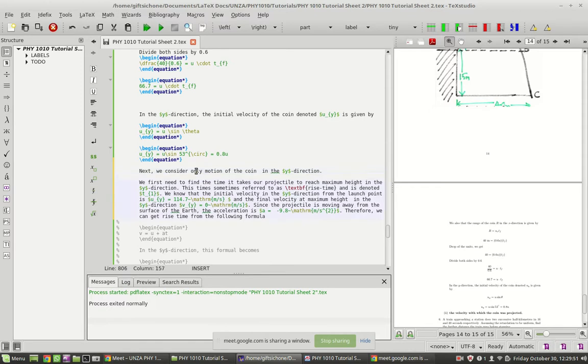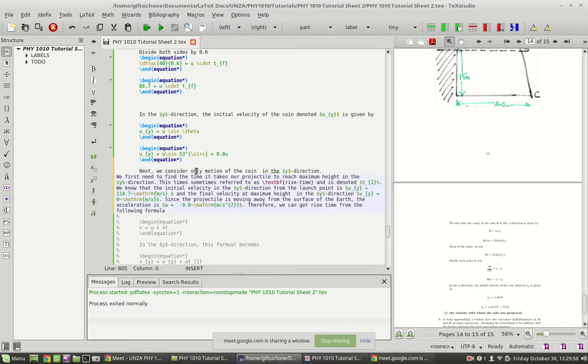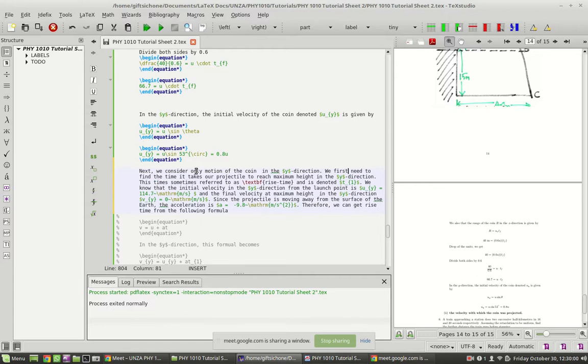Next we need to find the rise time, the rise time of the coin to maximum height.